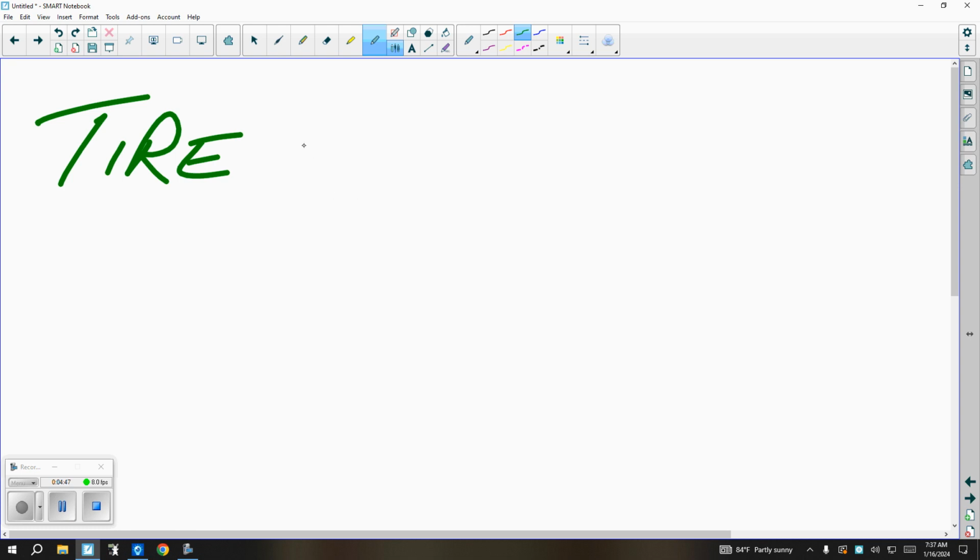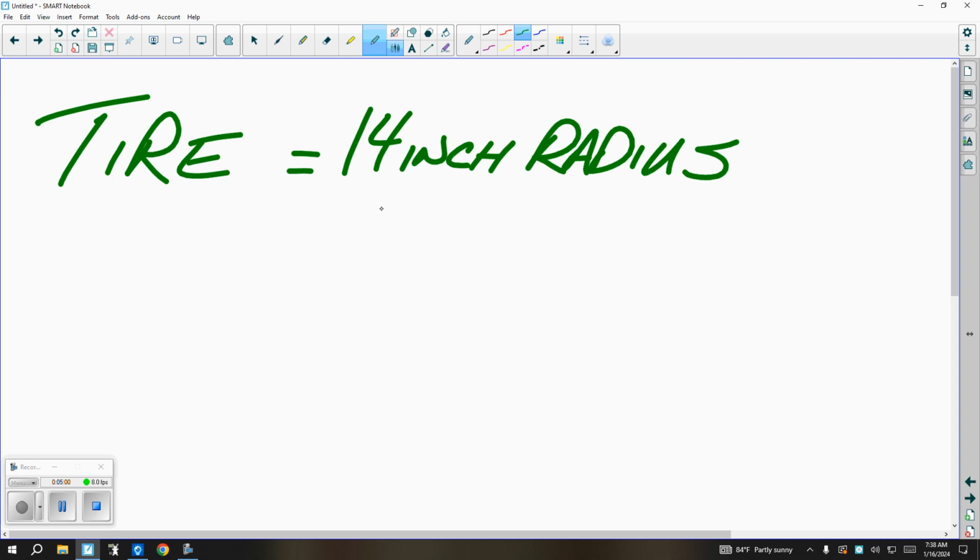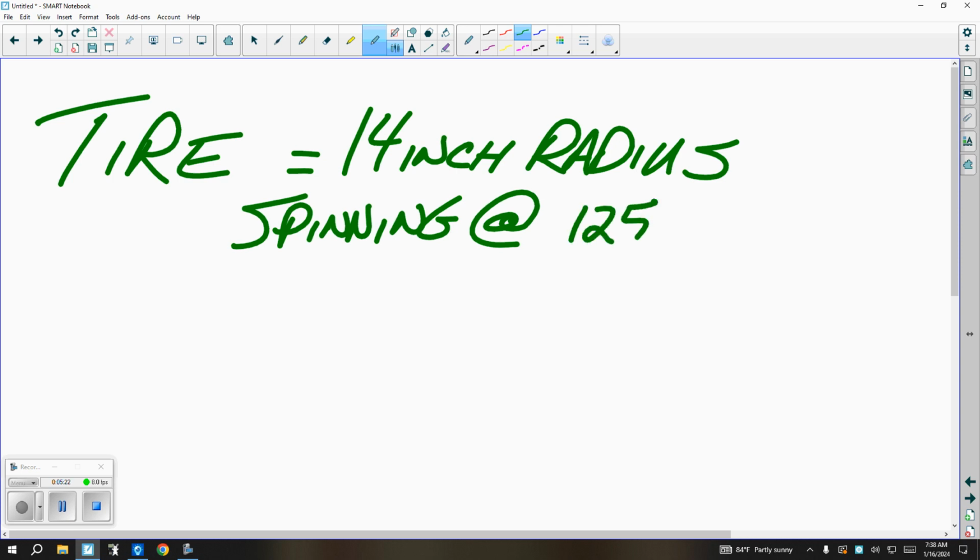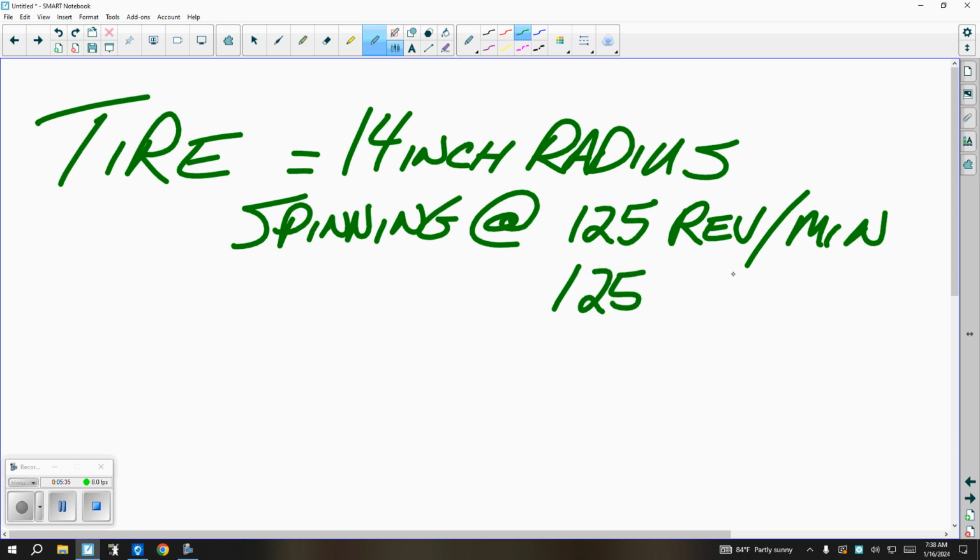It has a 14-inch radius, and it's rotating, spinning at 125 revolutions per minute, aka 125 RPM. Let's find the linear speed.